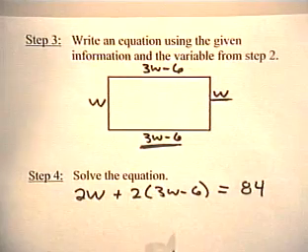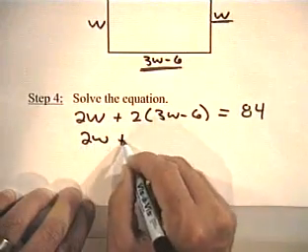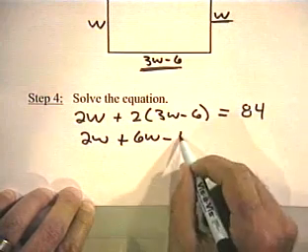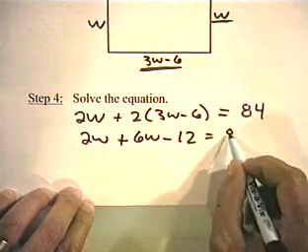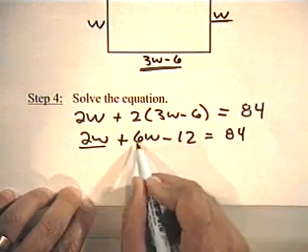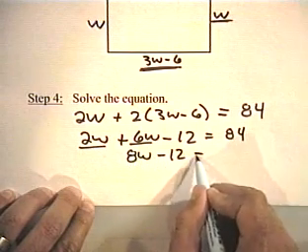Now let's go ahead and solve. 2W, I'll distribute using the distributive property. Let's add these together. These are my like terms. Equals 84.